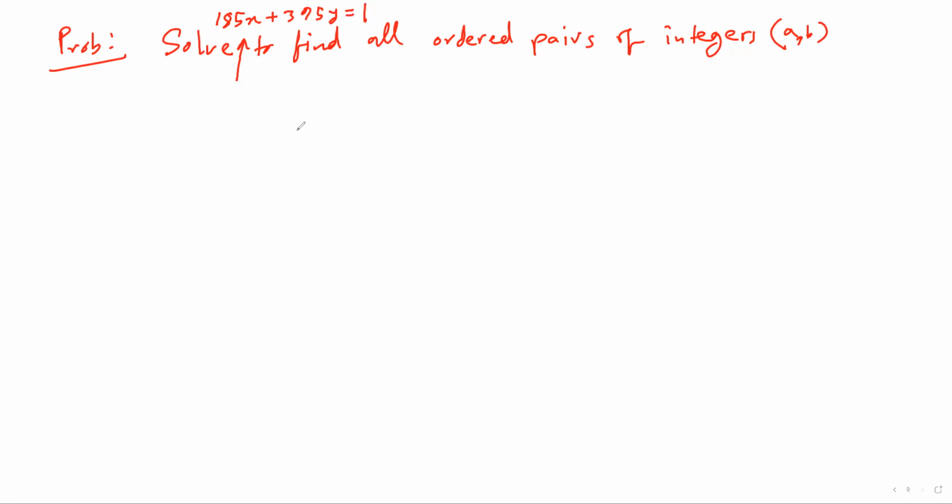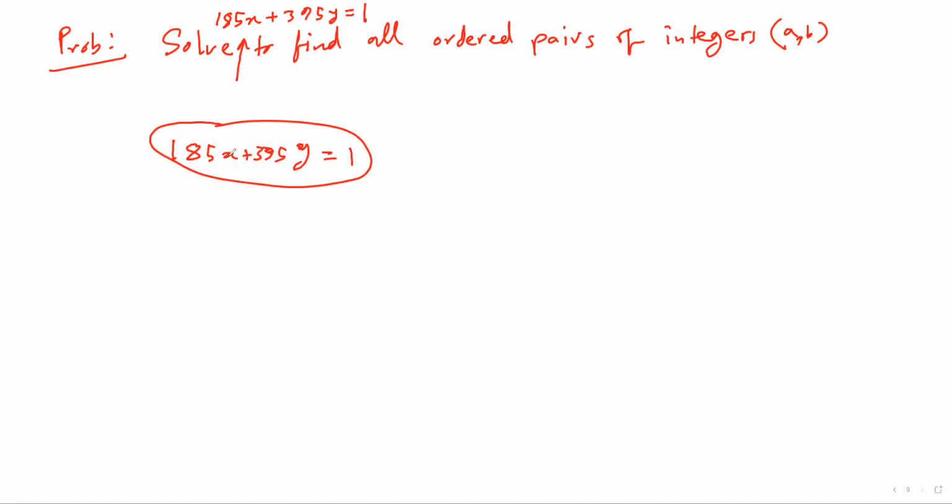Now, equations like these, 185x plus 395y equals 1. All right. So equations like this, where the equation asks you to solve for variables in integers only.